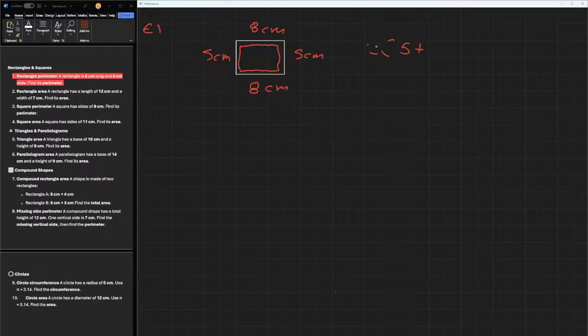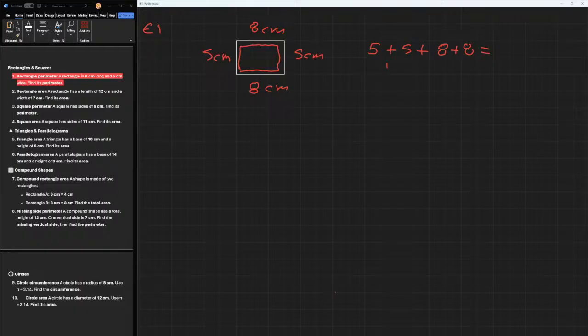I'm not going to do the formula. So basically, you need to do 5 plus 5 plus 8 plus 8.